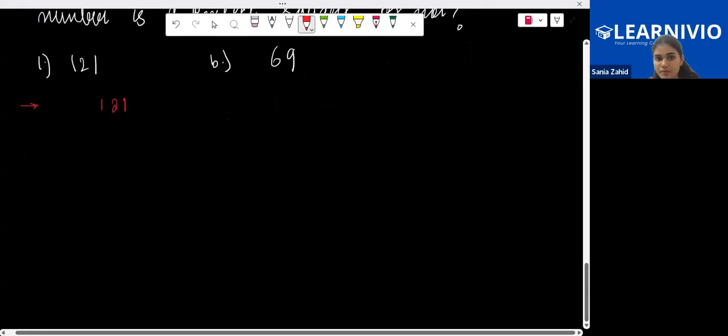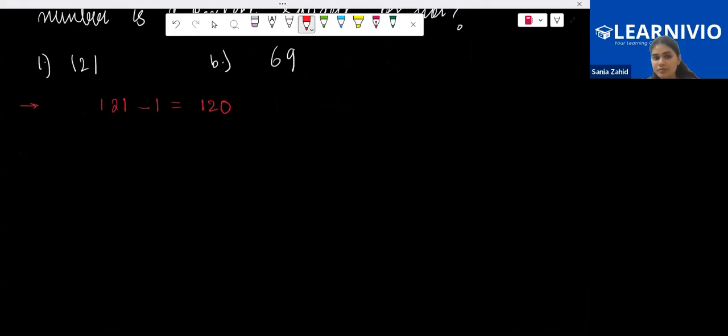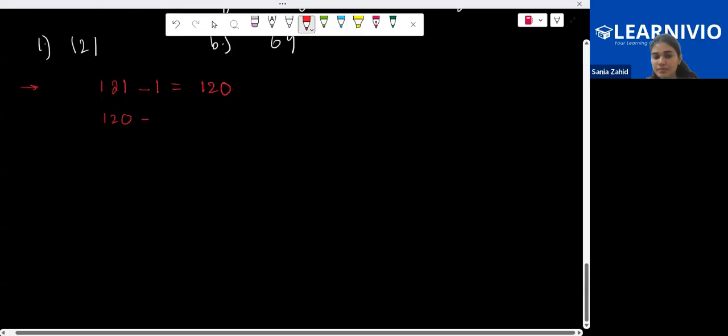Minus 1 is equal to 120. Then 120 minus 3 is 117. 117 minus 5 is 112.